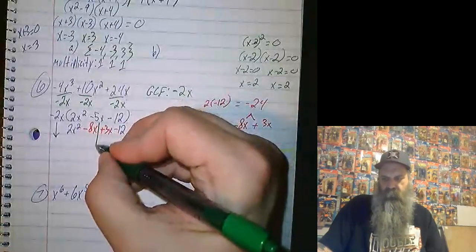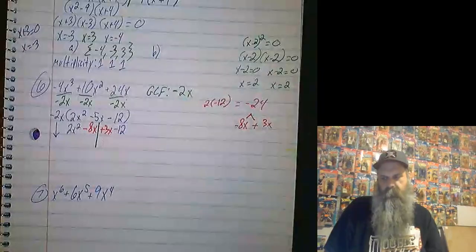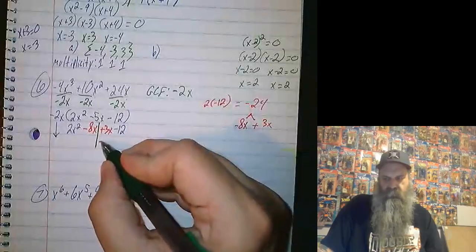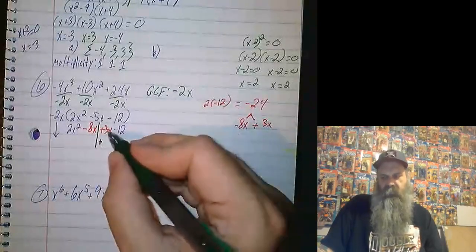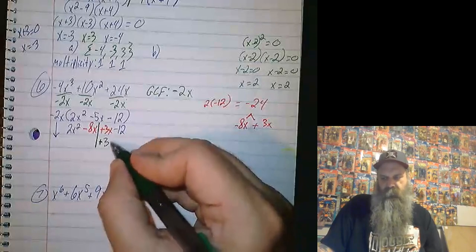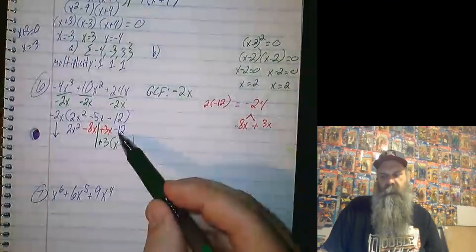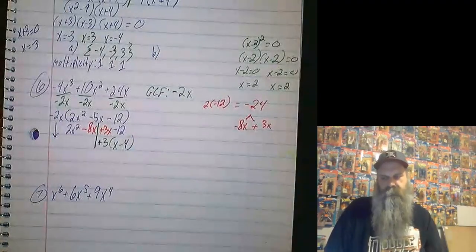So here we can factor by grouping. On the right, bring down this sign. Out of 3x and negative 12, I can factor out a 3. Divide both terms by 3, and we get x minus 4.